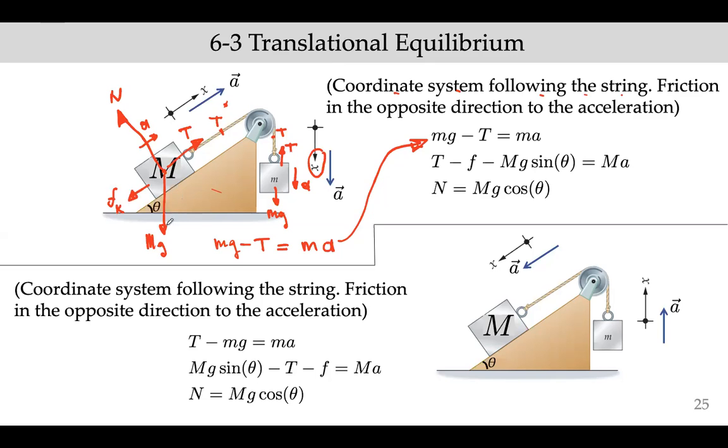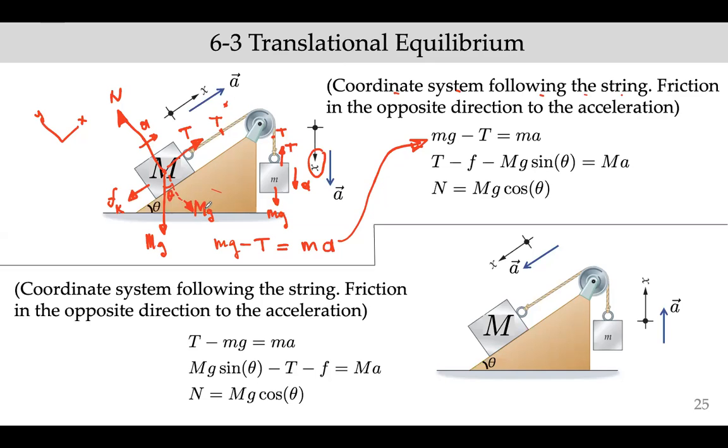Okay, so now if this is Mg, look at the coordinate system here. You can think of it as x and y like this. Let's think about the y coordinate first. The normal force will be equal to, so what is this component of the weight? It's uppercase M, G. Now if this is theta, this is 90 minus theta, and this angle is also theta.